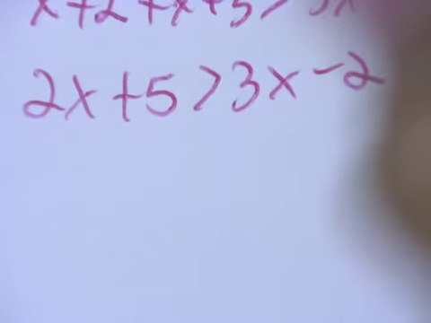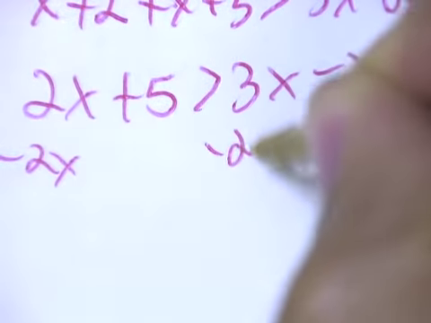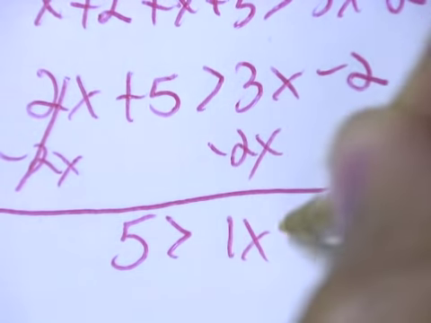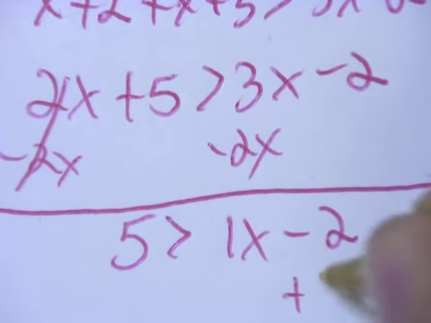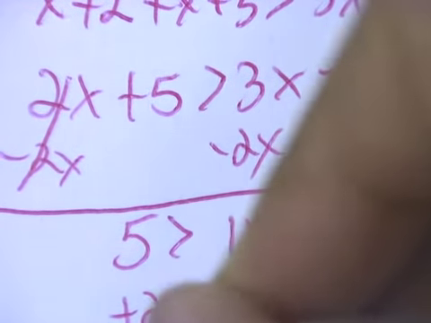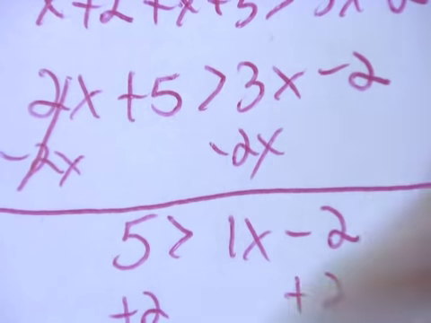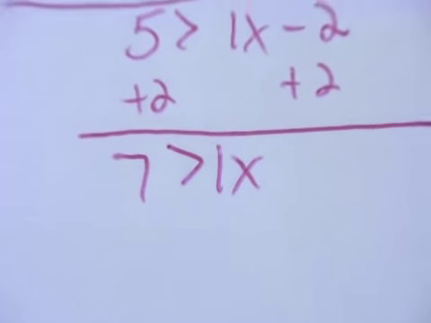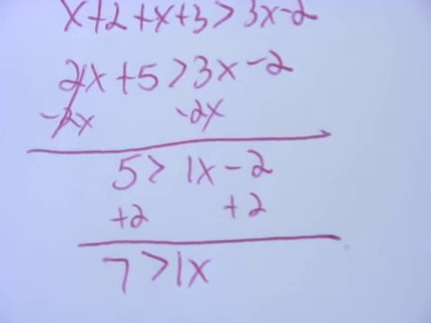Combine like terms, 2x plus 5 is greater than 3x minus 2. And I'm even going to do it a little bit different this time. I'm going to subtract 2x. So 5 is greater than 1x minus 2. I'm going to add 2 to both sides. So 7 is greater than 1x.